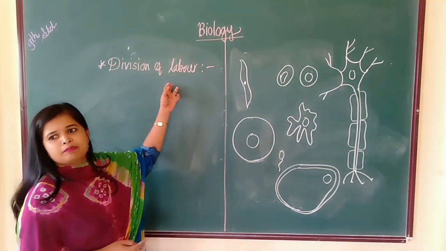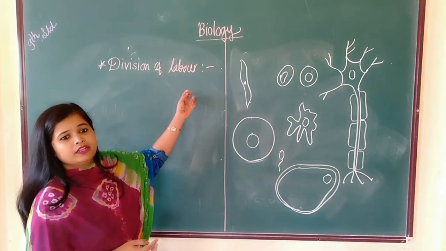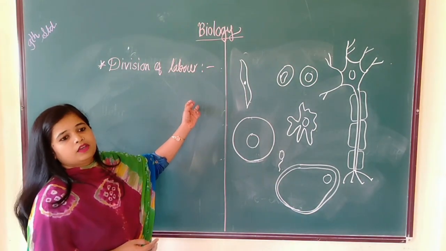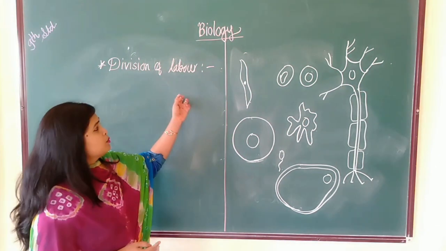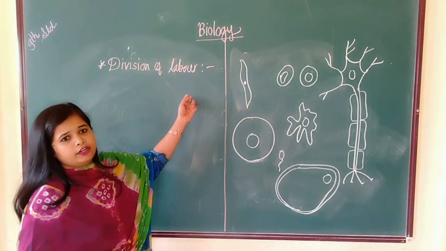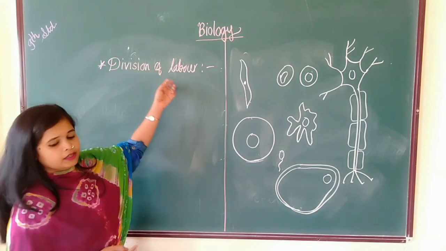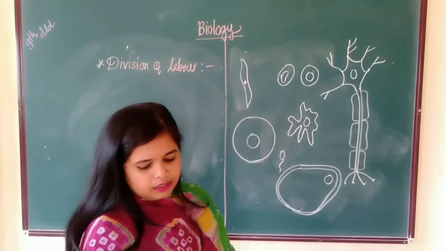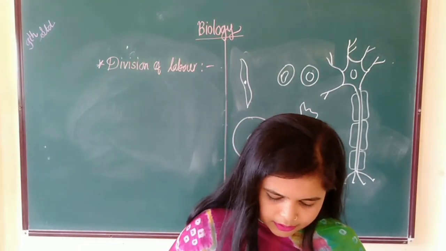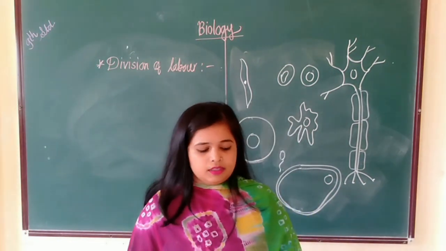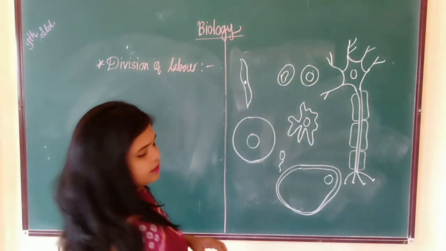In our daily life also we see the division of labor, even in our school. Each member of the school has been given a particular kind of work. So that is known as a division of labor. This division of labor is seen in the cells also. The cells have cell organelles.